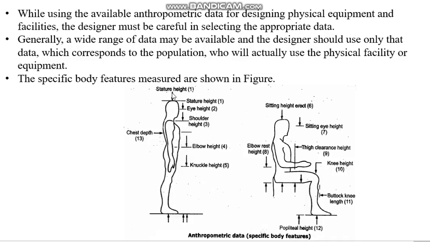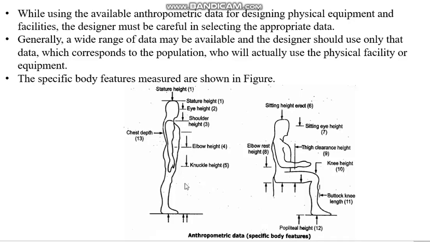Okay, see, the specific body features measured are shown here. Let us see. Now the stature height. This is stature. Stature height is, you see, from the foot up to the top of the head. Okay. Then eye height. Eye height means from the ground to your eye line here.